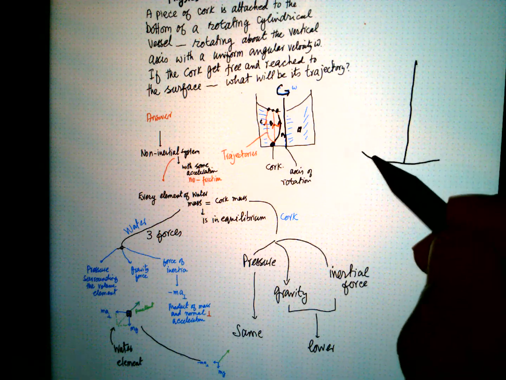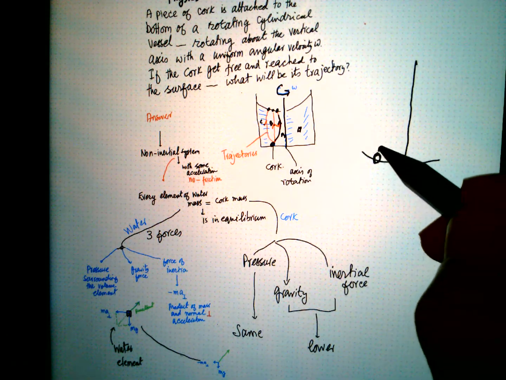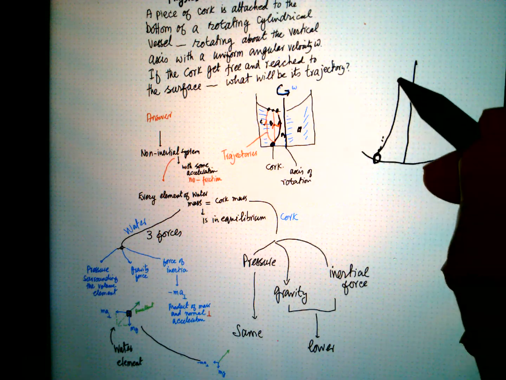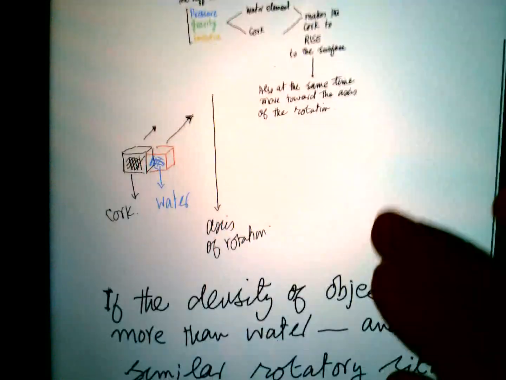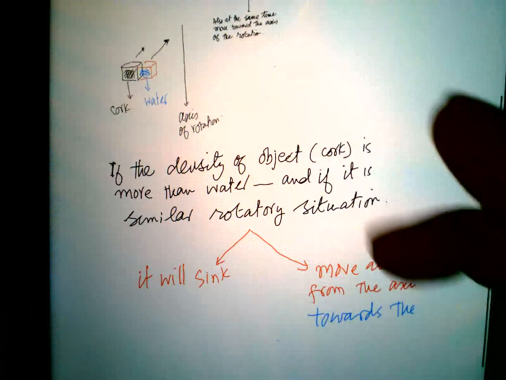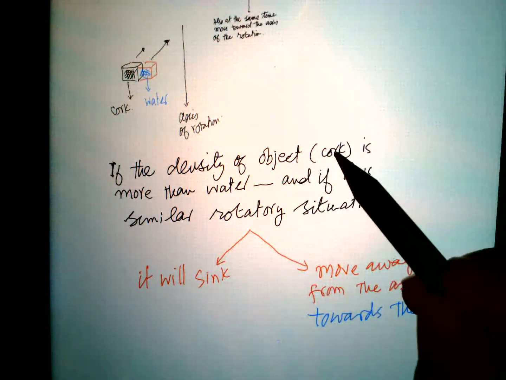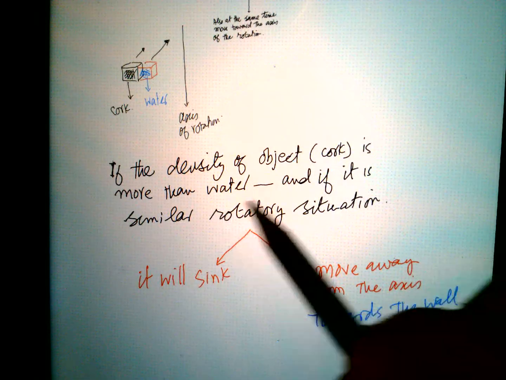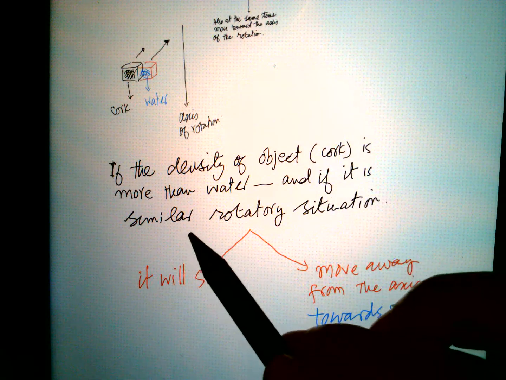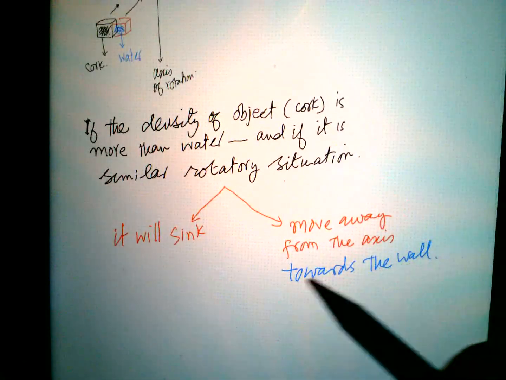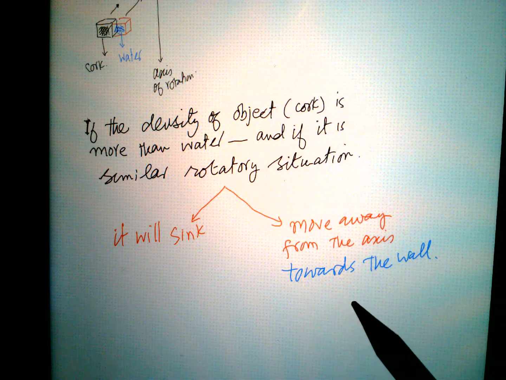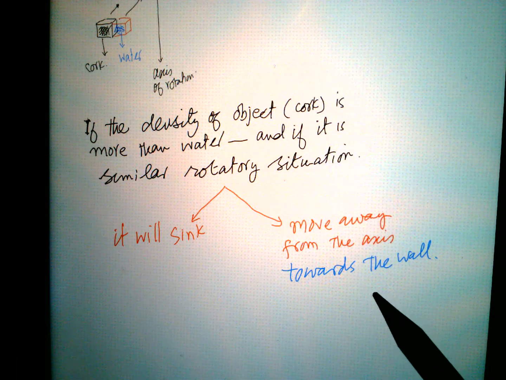This is a piece of cork, and it will move toward the axis of rotation. Like this, if the density of the object is more than the water, and it is in a similar rotating situation, it will sink, go down and move away from the axis of rotation.